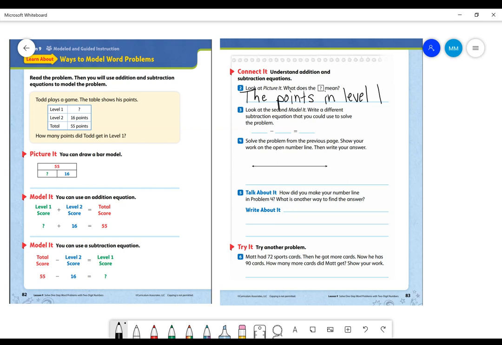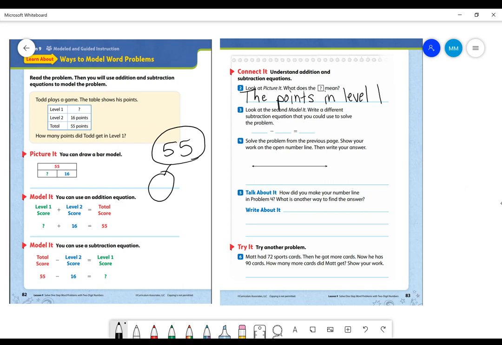It says, look at the second model it. Write a different subtraction equation that you could use to solve the problem. Okay, so we know that we are subtracting. And friends, this is where we start thinking about our fact family, okay? When I have a fact family, I have the same whole for all 4 equations.